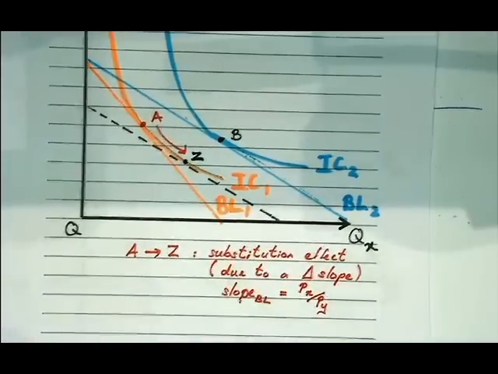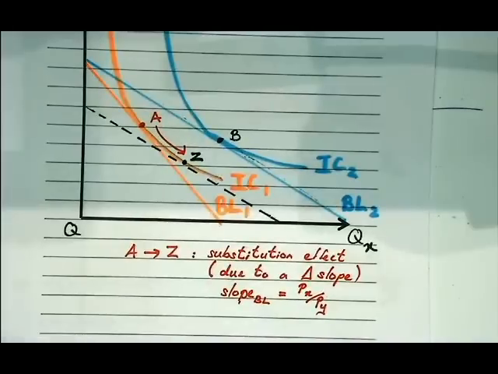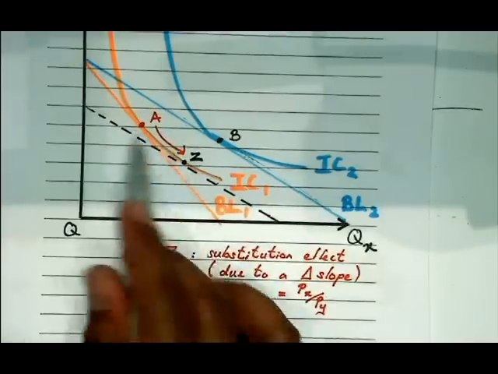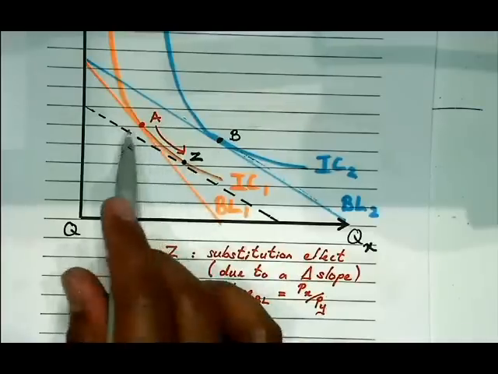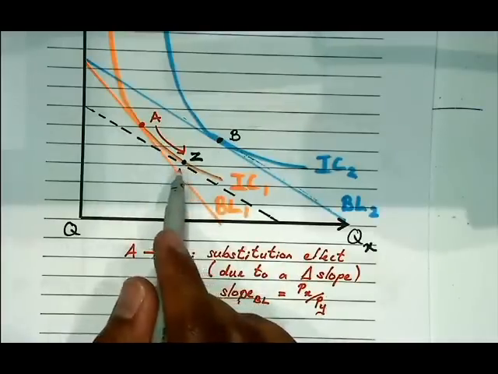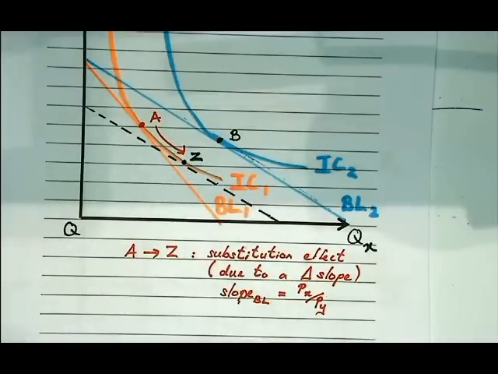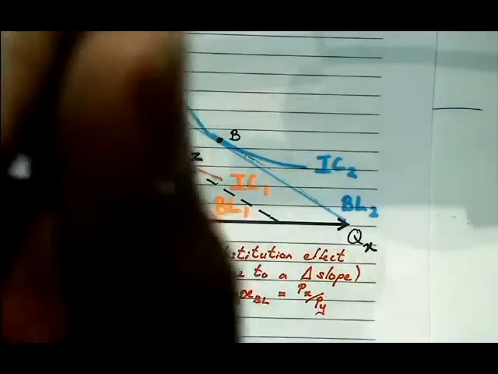And if you look back in your notes about the substitution effect, the substitution effect is about the relative price. That's why we call A to Z the substitution effect. If you go back and look at the notes on demand, substitution effect is how the consumer changes their behavior due to a change in relative price. That's the definition of substitution effect.